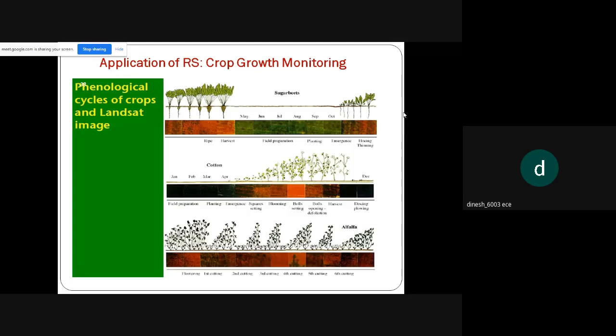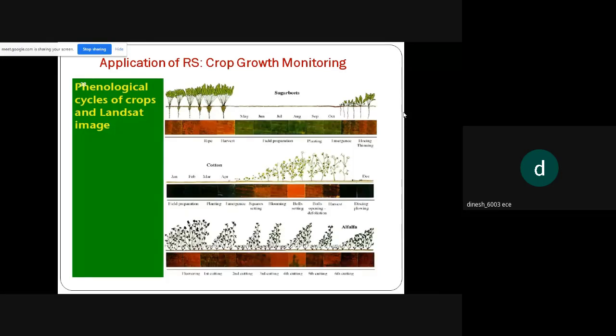from May, January, field preparation, February field, March field preparation, mid-March planting, April emergence, then slowly during May, emergence during June, square setting during July, blooming during August, boll setting during September, bolls opening, defoliation, and during October it is the harvest.